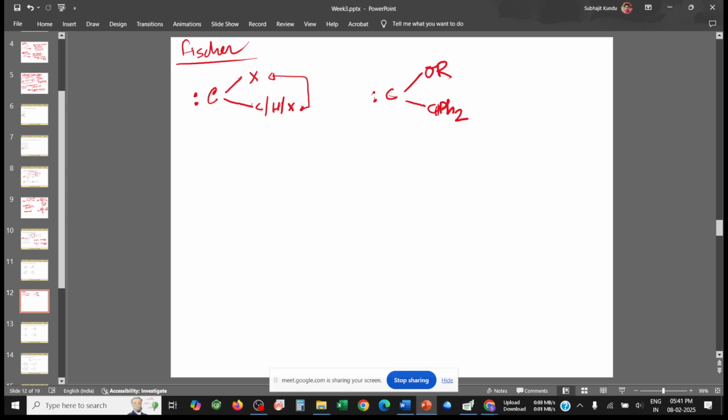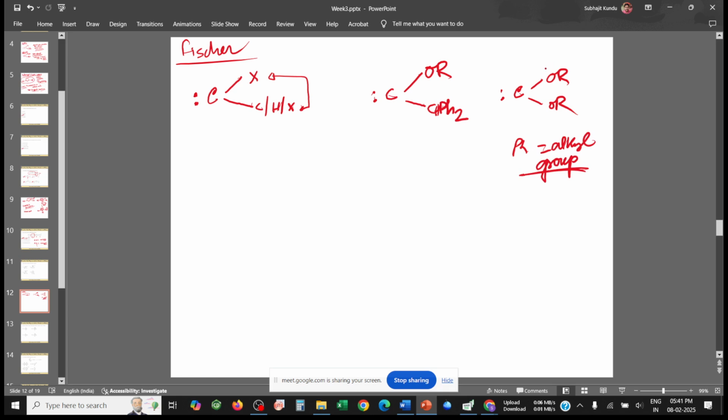Now we have this carbene in hand. So if we have carbene C with OR, R is any alkyl group.